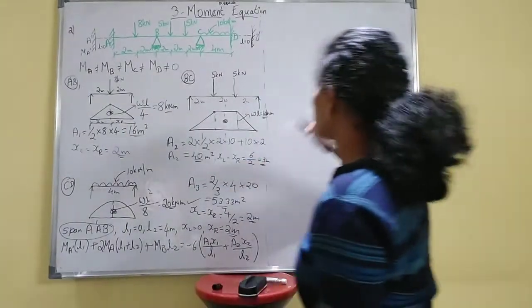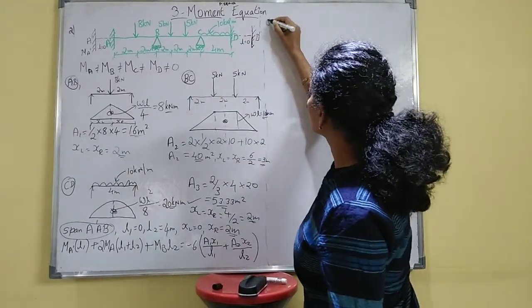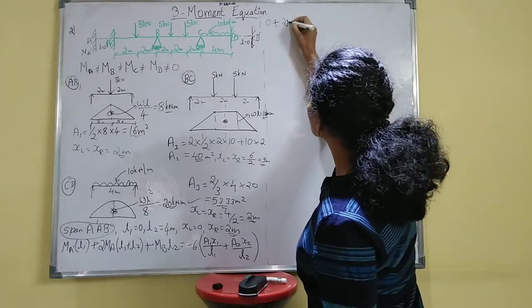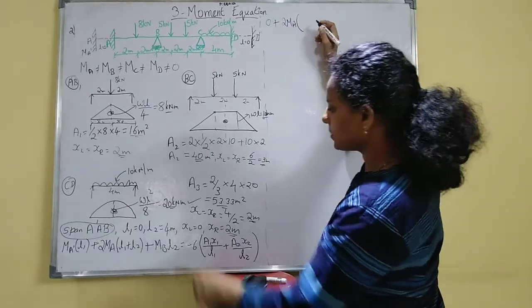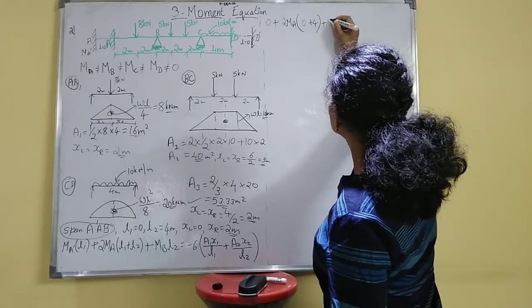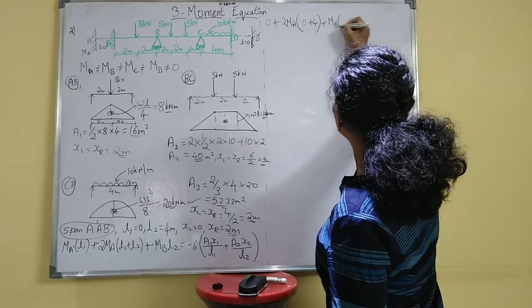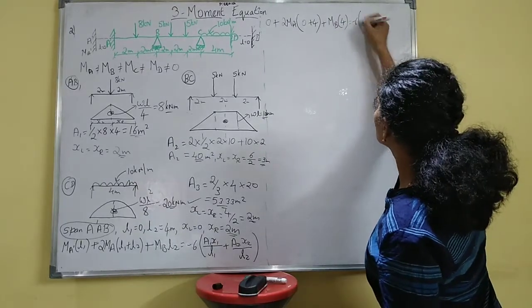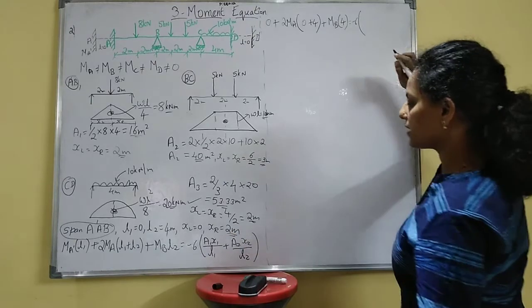L1 is 0, so at that point it will be equal to 0 plus 2 times MA L1 plus L2, that is 0 plus 4, plus MB into 4 L2, which is equal to minus 6 A1 X1 by L1.